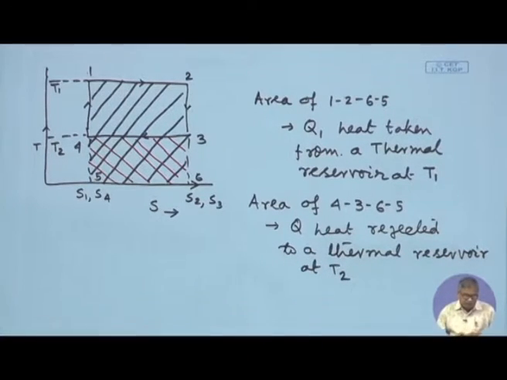Then there is one area which is left. Some area is common between these two, but the area which is not common is 1 2 3 4.